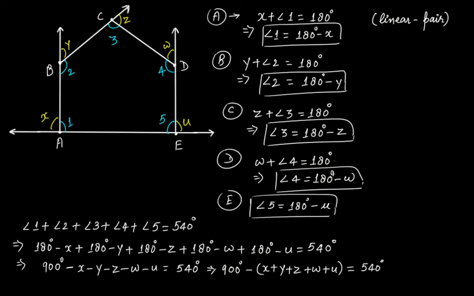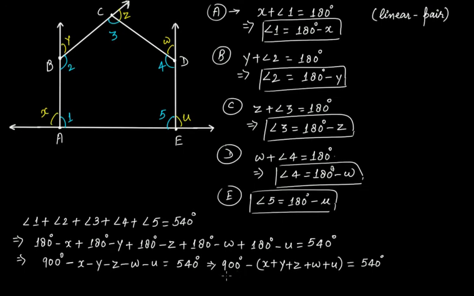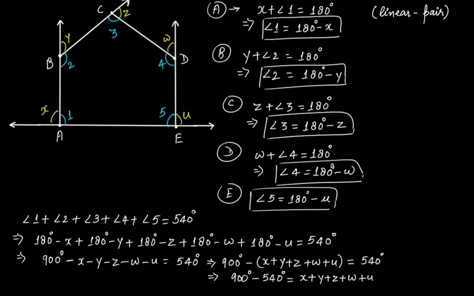Now if you transpose this minus (x plus y plus z plus w plus u) to the right hand side, and at the same time you transpose 540 degrees to the left hand side, this becomes 900 degrees minus 540 degrees is equal to x plus y plus z plus w plus u.